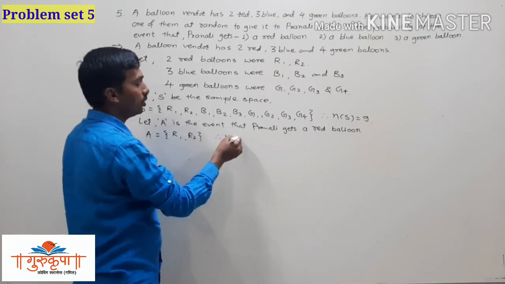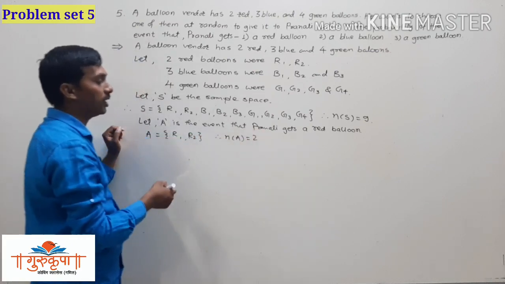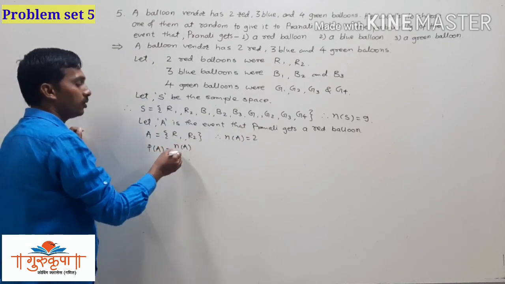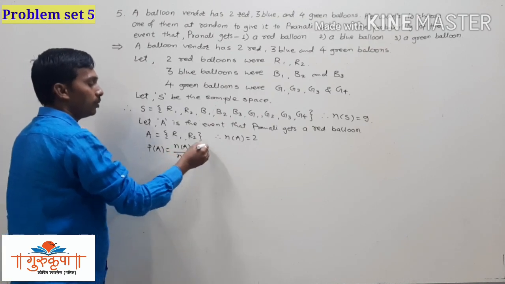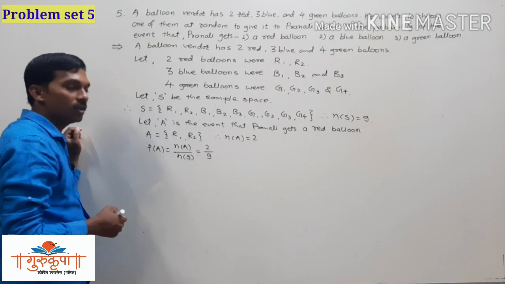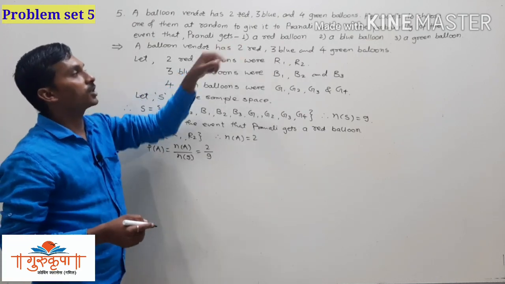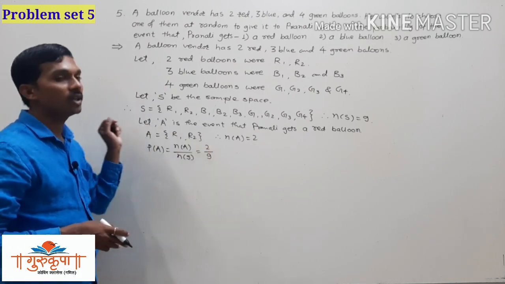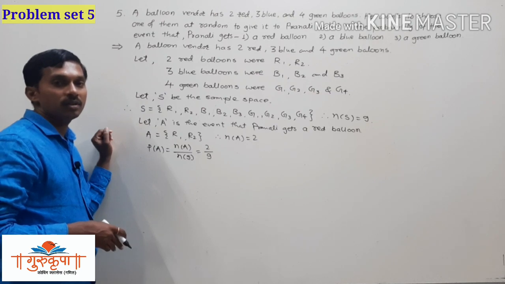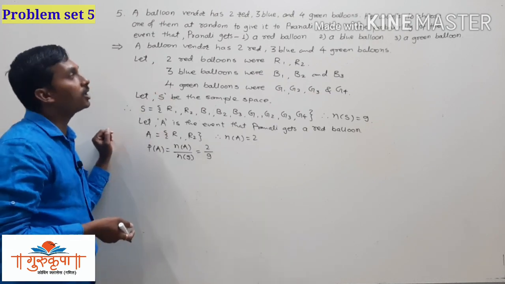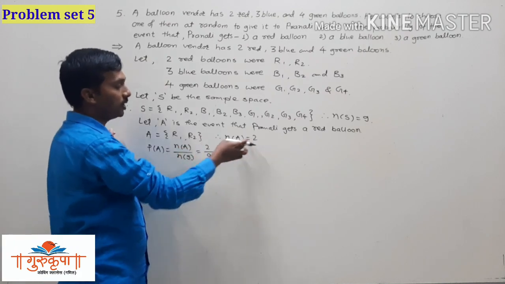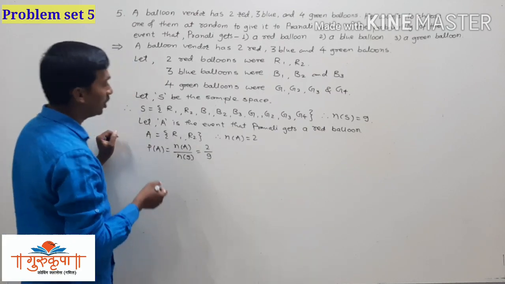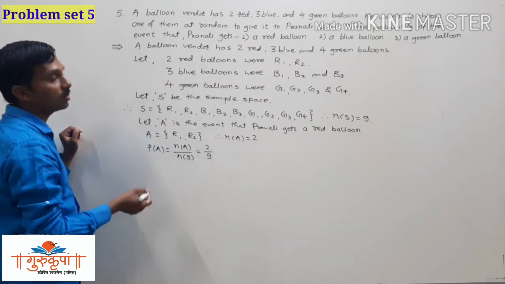So number of A is equal to 2. Now we can find the probability of the event A, that is number of A upon number of S, equal to 2 upon 9. That is the probability of the event that Pranali gets a red balloon. We have 9 balloons in all, so in the denominator we have 9 and 2 red balloons are there. Any one balloon would be given to Pranali, so we have two possibilities in all, so the probability is 2 upon 9.